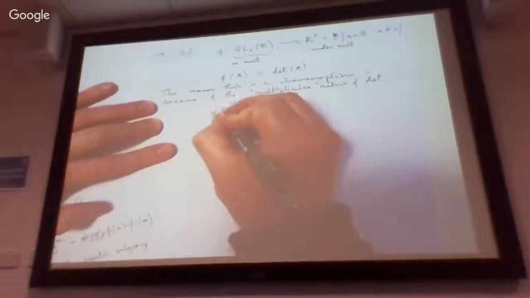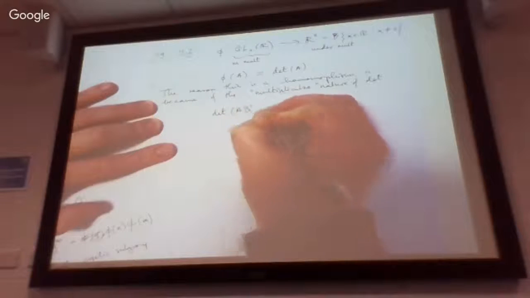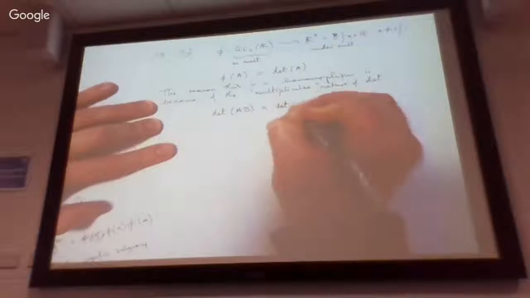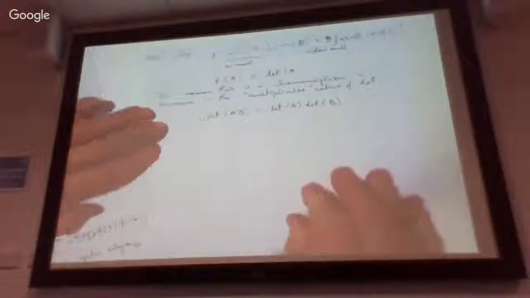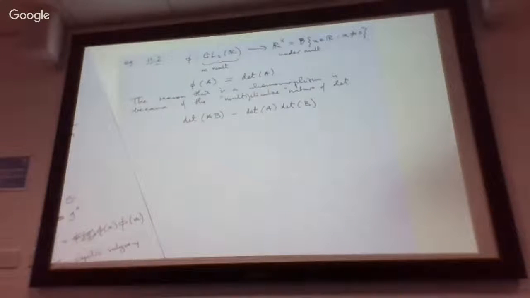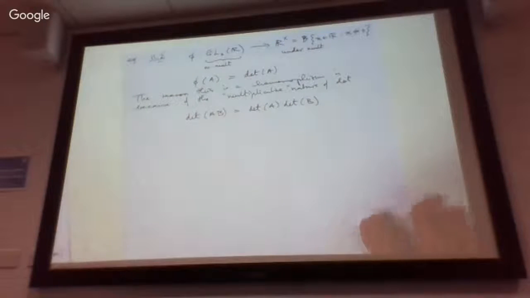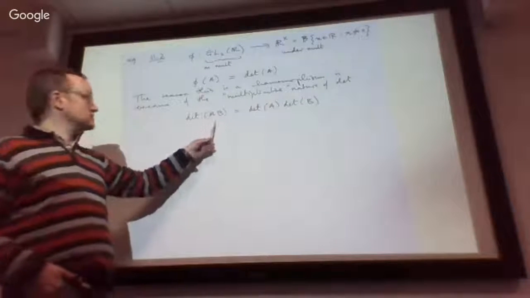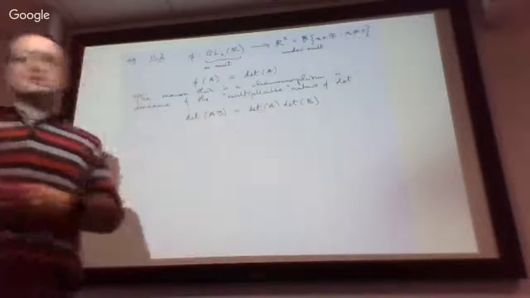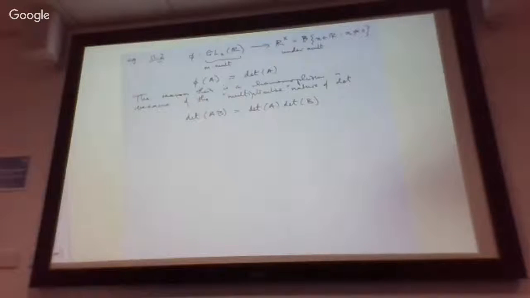That is, if you take the determinant of a product of two matrices, that is the same as the product of the determinants. Okay, that's something we know from learning about matrices. Matrix multiplication and determinant interact well. But really, that statement can be interpreted as saying that the determinant function is a homomorphism.